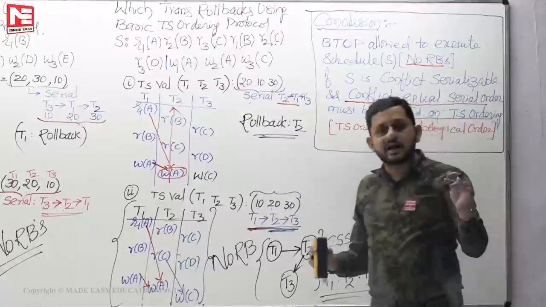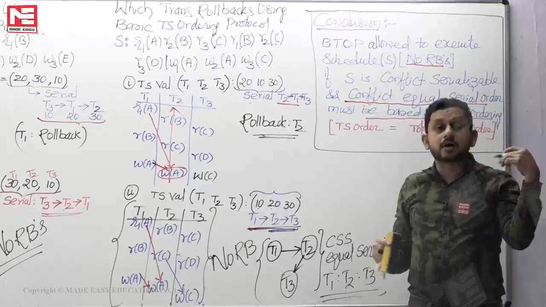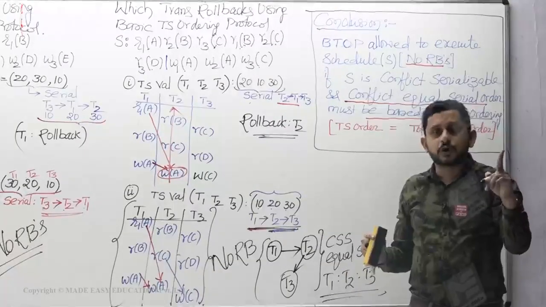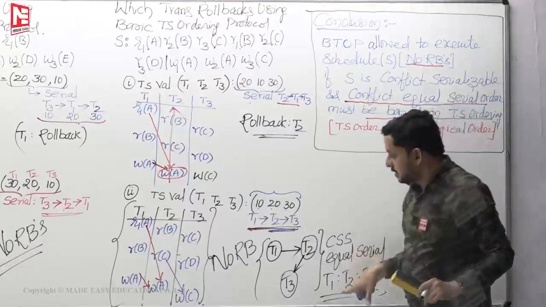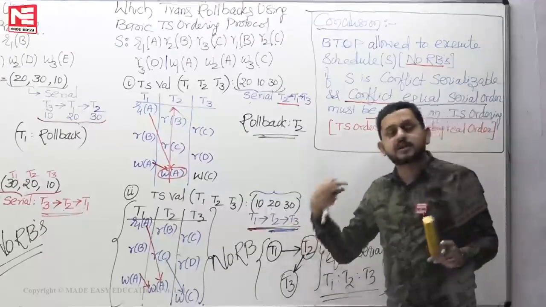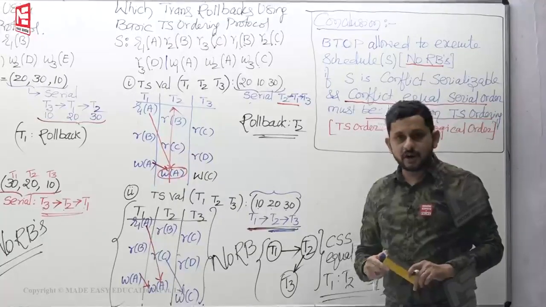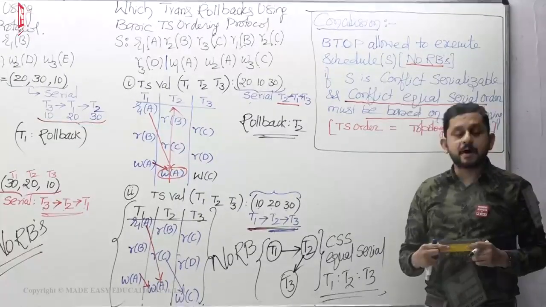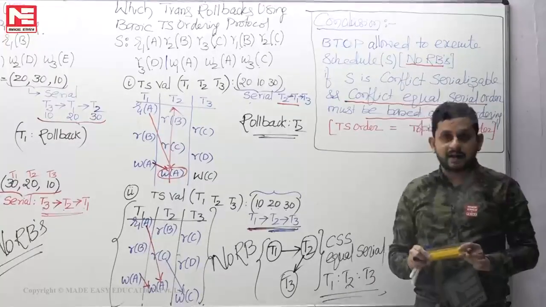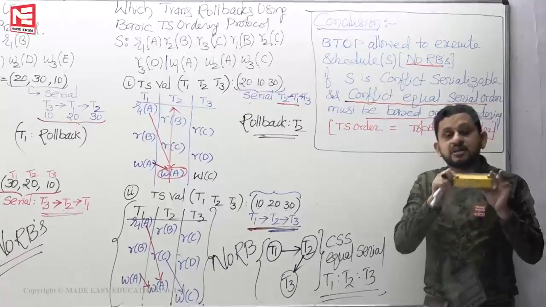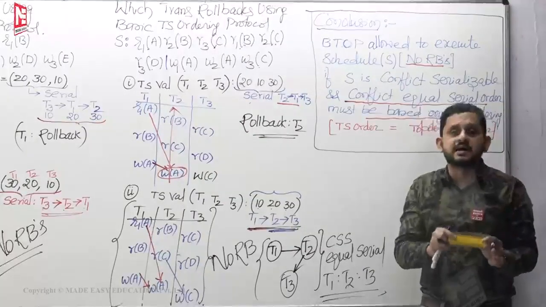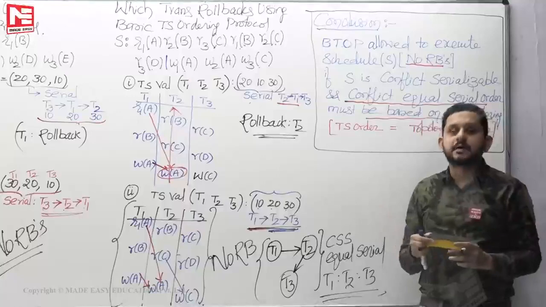If the schedule is not conflict serializable, if a cycle exists, then there is at least one rollback. If by chance the topological order and timestamp order are not the same, then also at least one rollback. Got it? So no rollback occurs if the schedule is conflict serializable and the conflict equal serial order is based on timestamp order.